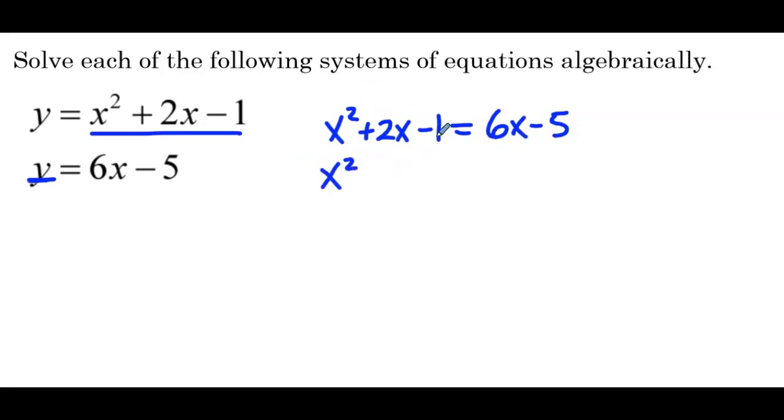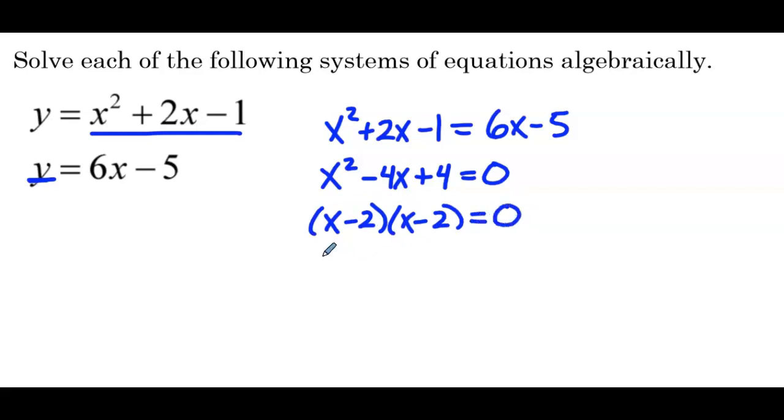So x squared, we'll subtract 6x from both sides, so minus 4x, and we'll add 5 to both sides, so plus 4 equals 0. We can factor. The factors are x minus 2 times x minus 2 equals 0. So either x minus 2 equals 0 or x minus 2 equals 0, so either x equals 2 or x equals 2.